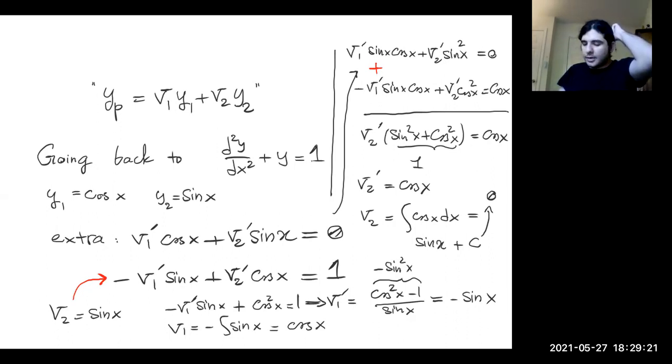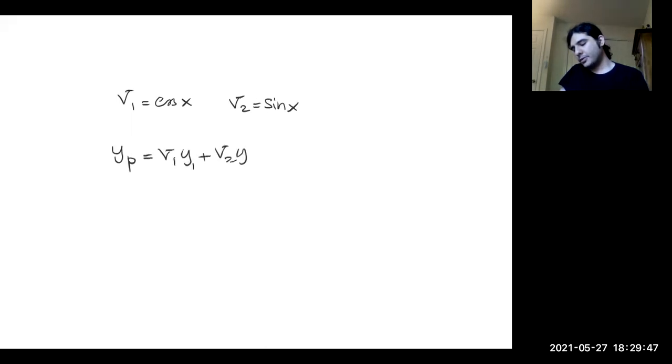Plus a constant, which I would again take to be 0. So v1 is equal to cosine of x, and v2 would be equal to sine of x. And the particular solution was supposed to be v1 y1 plus v2 y2. Remember, y1 and y2 were cosine and sine.